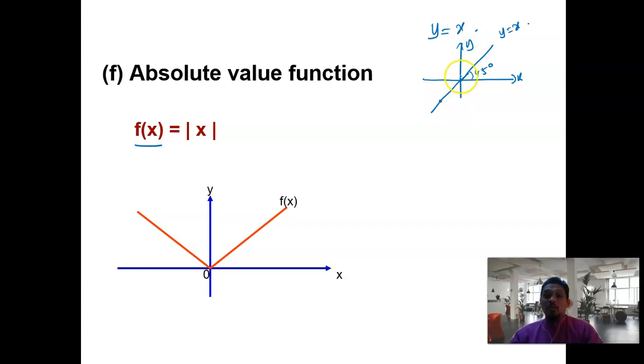So when it comes to y equal to absolute value of x, the graph below the x-axis is where all the y is negative.